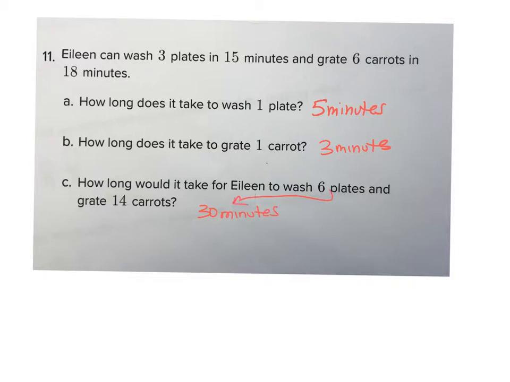And what about the 14 carrots? Okay. So 14 carrots, if each carrot is 3 minutes, 14 times 3 is 42 minutes. If it takes 14 carrots 42 minutes, and 6 plates 30 minutes, altogether that's 72 minutes. But 72 minutes is made up of a whole hour, because that's 60 minutes, and 12 minutes.